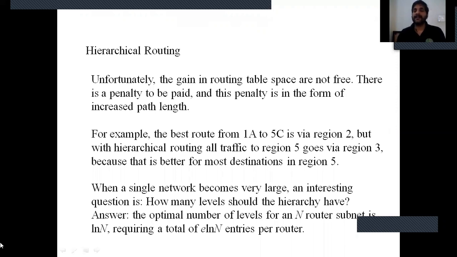Similarly, when a single network becomes very large, an interesting question is how many levels the hierarchy should have. The answer is that the optimal number of levels for an N router subnet is ln N, requiring a total of e ln N entries per router.